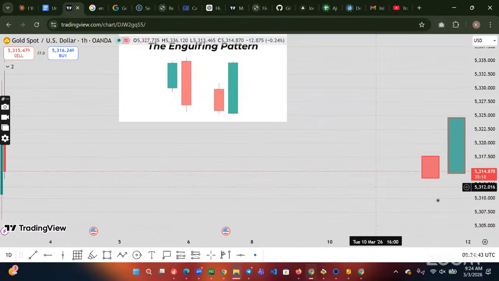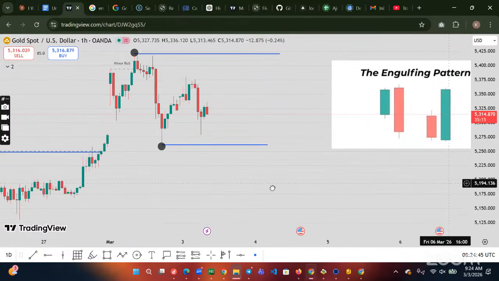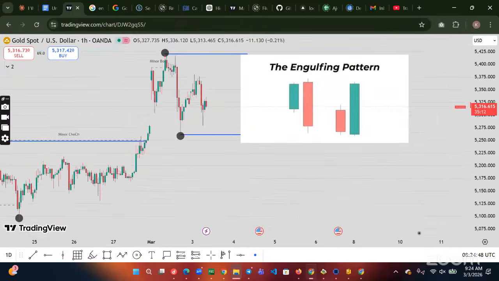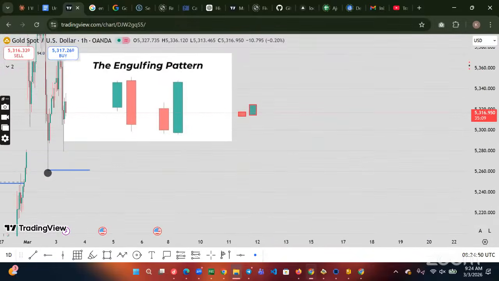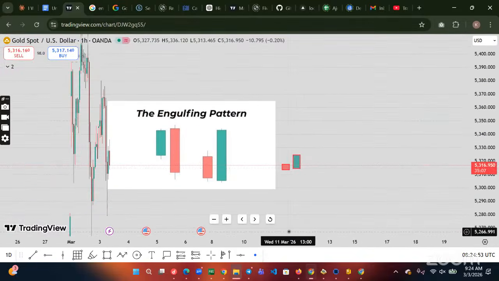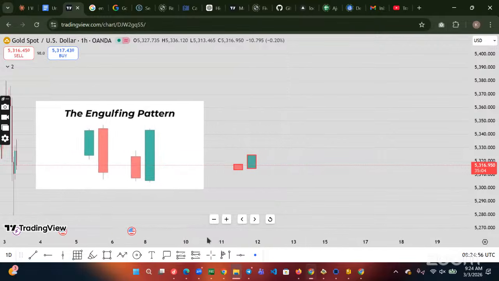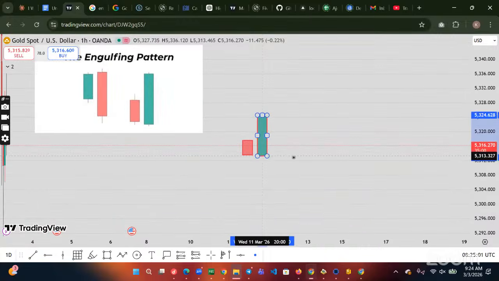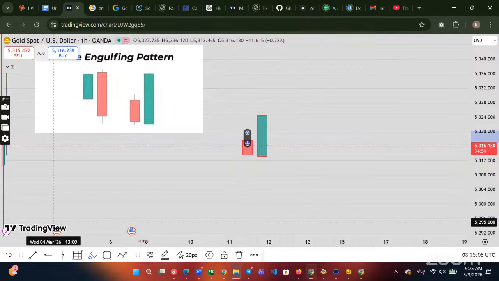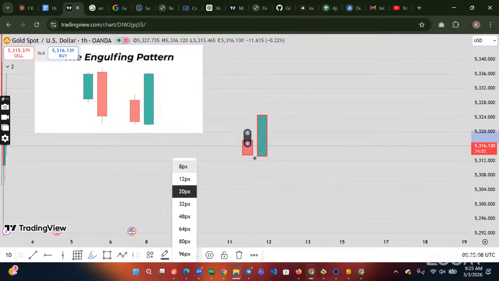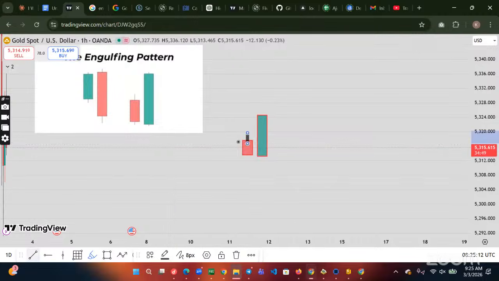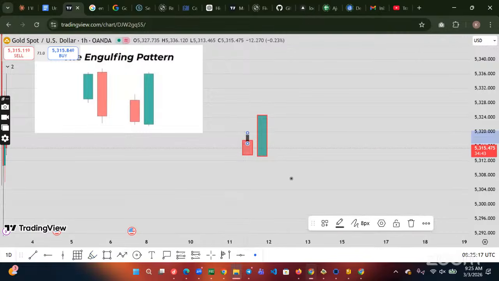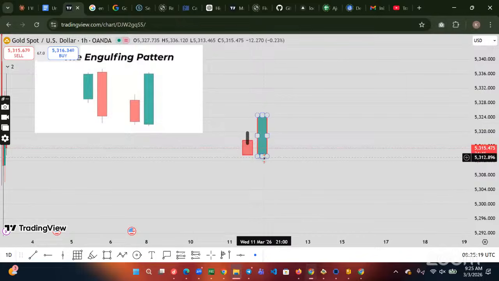Let me repeat that: the close of the body. This is a bearish candle that closes up. We said a bullish candle closes down, a bearish candle closes up. So now we have a bullish engulfing.